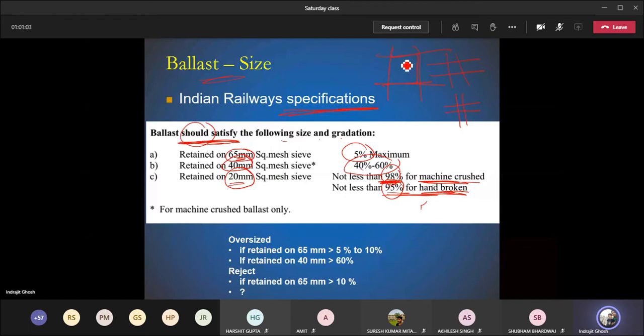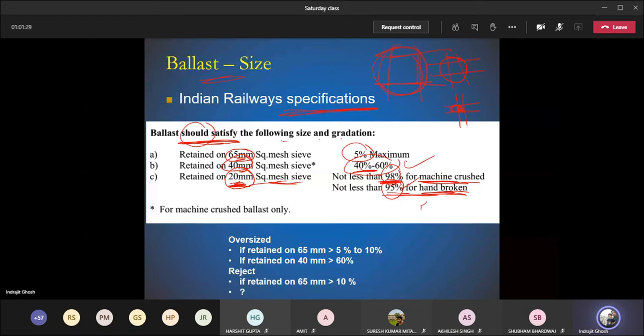So we have stones which will be retained on this, maximum 5%. The maximum portion will be retained on 40 millimeter, 40 to 60%, and the smallest one will be retained on 20 millimeter square mesh sieve, so 95 to 98%.